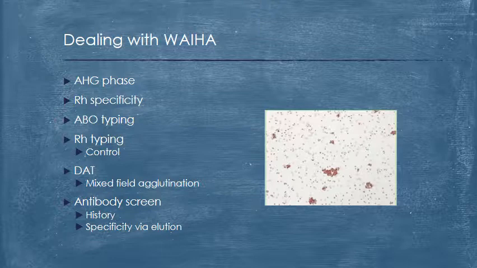So you would pre-treat those cells with EDTA and glycine acid, which is called EGA, it's a reagent, or with chloroquine diphosphate, CDP.